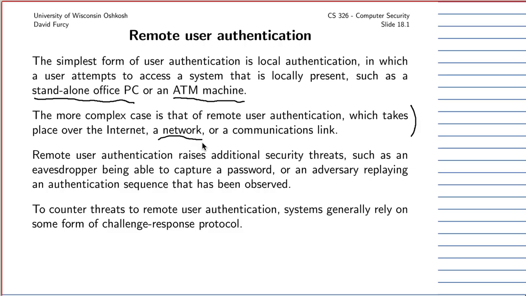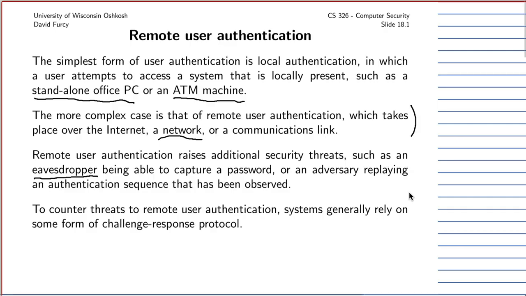So in this scenario, there are additional threats that we need to be aware of, such as the attacker eavesdropping on the communications link itself to capture, say, the password entered by the user, or it could be the adversary not only eavesdropping but capturing some of this information and storing it and using it later, say, to impersonate the user. So several approaches to protect against these attacks exist.